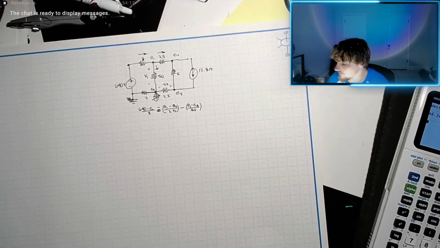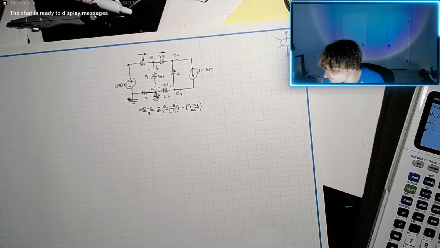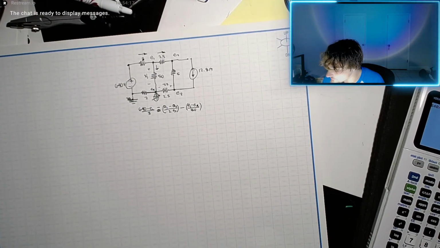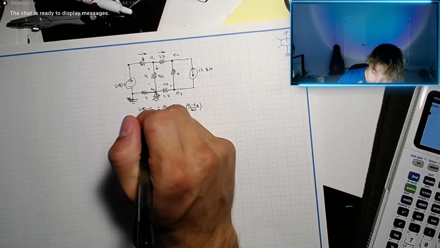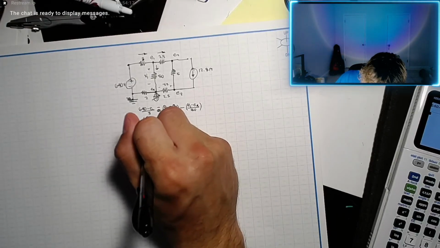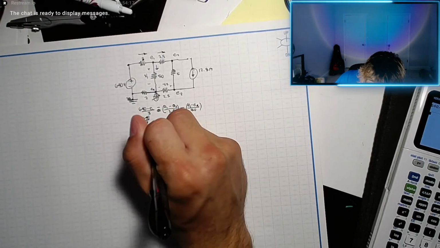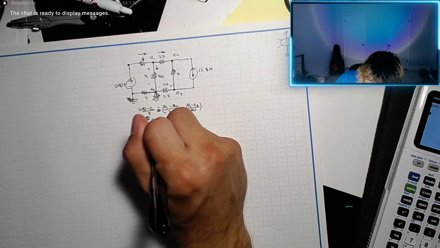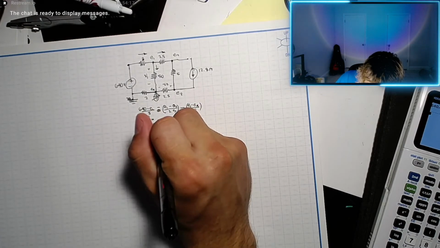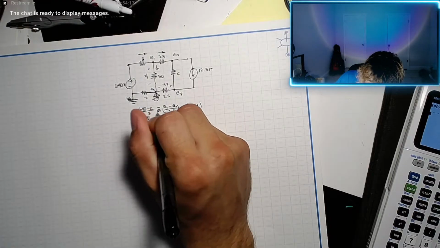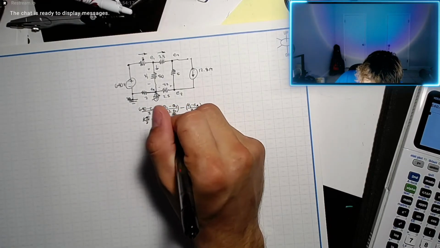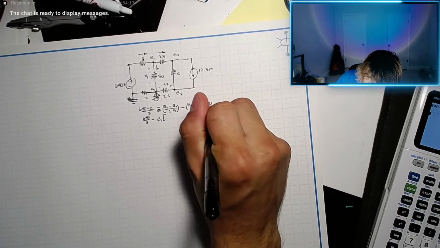Alright, 640 divided by 3. I'm just going to put it in a fraction. 640 divided by 3 equals E1 multiplied by, equals 0.